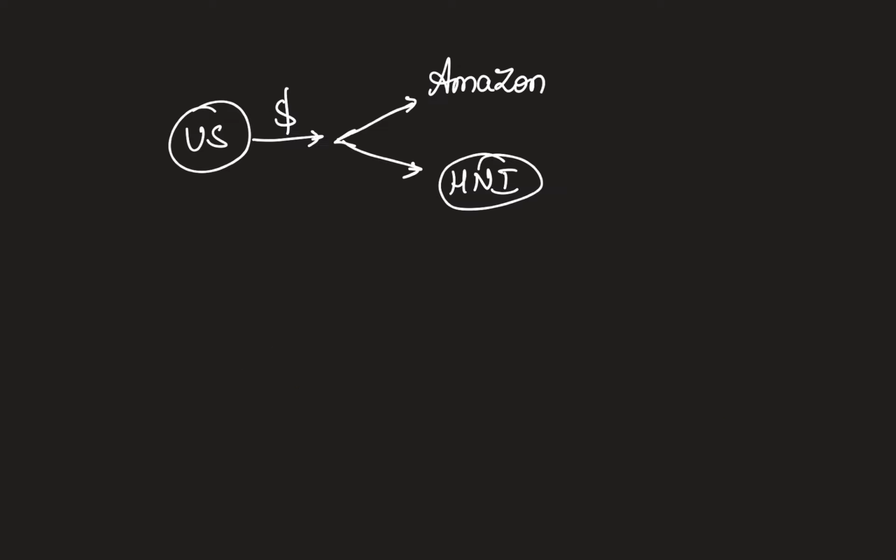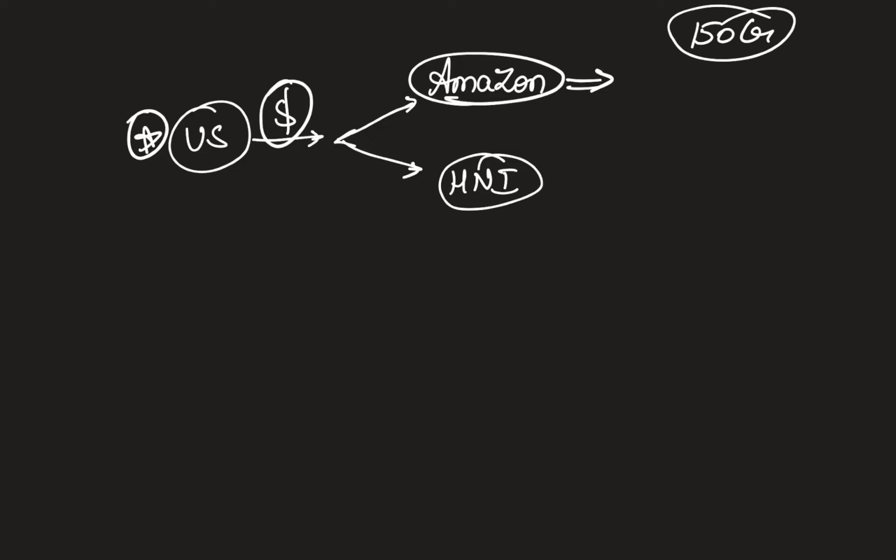Now let us consider two different cases, taking the example of a US entity or a US citizen. If a US entity has a lot of money, for example Amazon, and it wants to invest in Indian markets because we are a population of 150 crores that will spend a lot, a huge market. So Amazon wants to invest in our country for the long term.